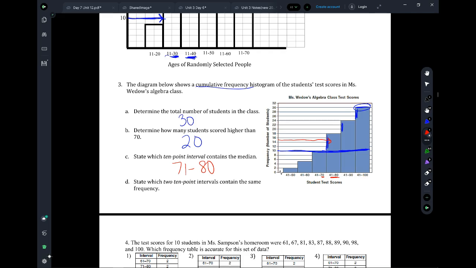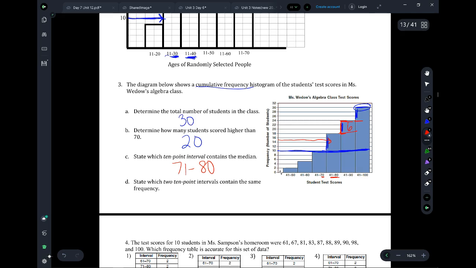And then which two 10-point intervals contain the same frequency, meaning they're increasing at the same amount or held the same amount of people in them. What I notice is this one is from 18 to 24, so that adds 6 on there.